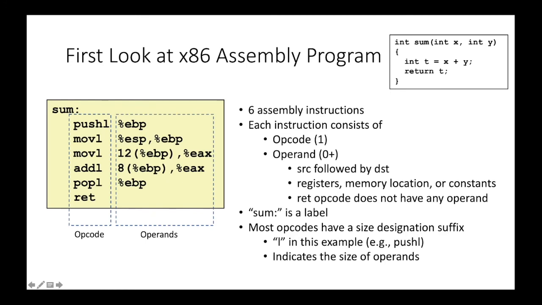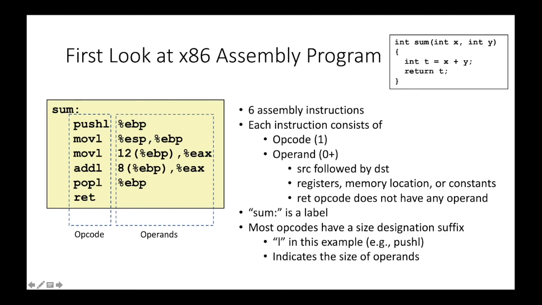Let's take a deeper look at x86 assembly code. This is the same example that we looked at earlier. There are 6 assembly instructions, and each instruction consists of one opcode and 0 or more operands. Opcode is like a command, and operands are like arguments.